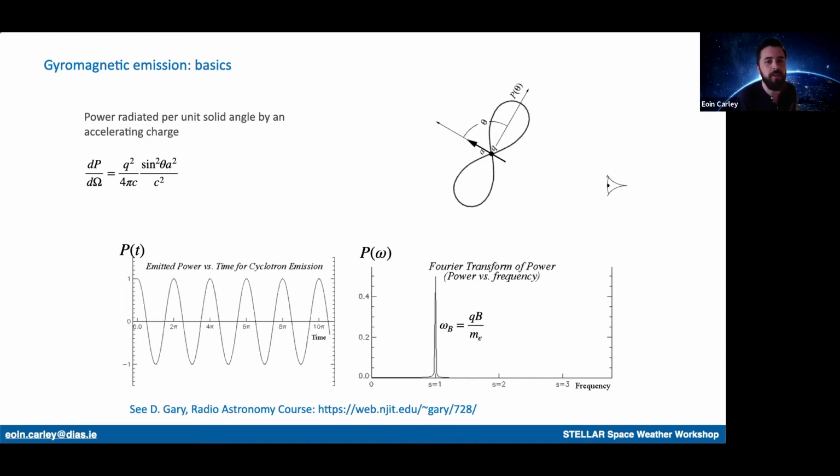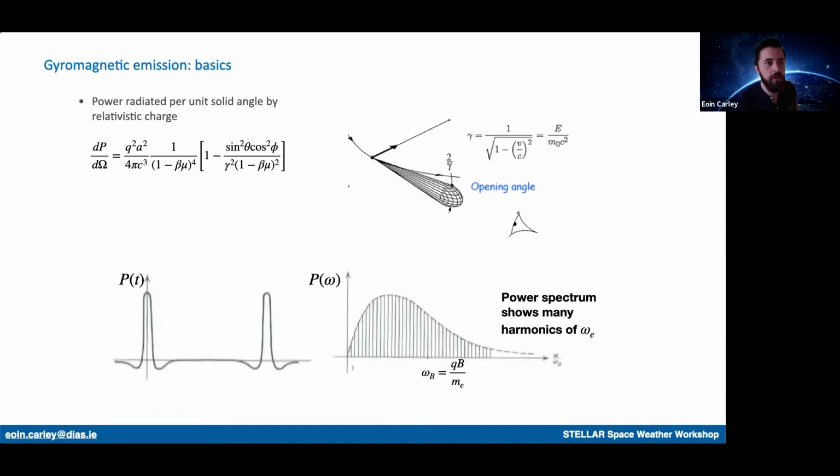But that's, of course, a little bit unrealistic, especially as we have high energy electrons in solar flares. So we need to go into a relativistic regime after that, okay? The Larmor formula becomes a little bit more complicated, but it's the same thing.